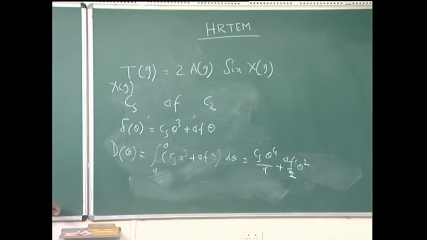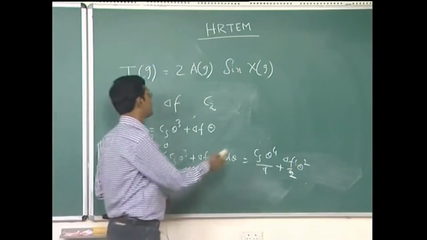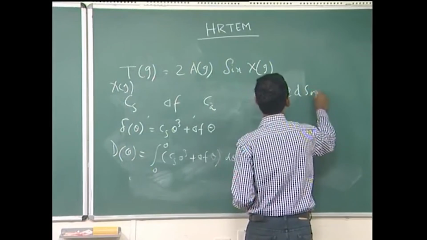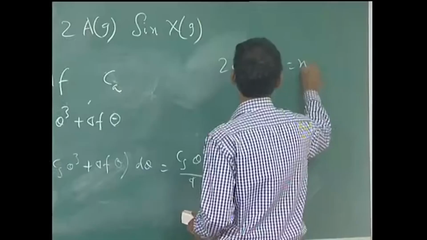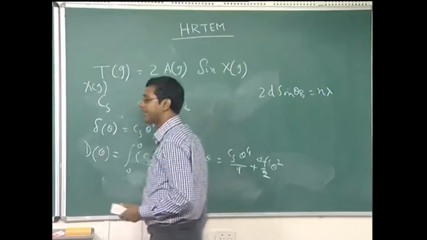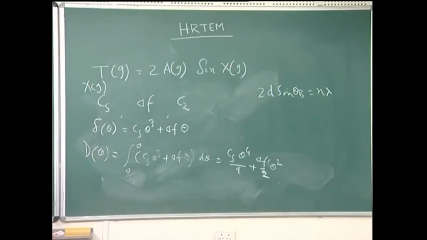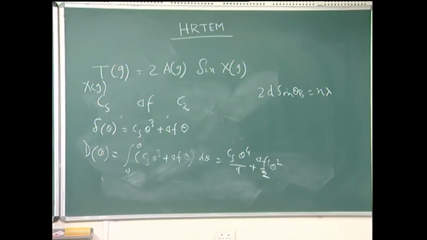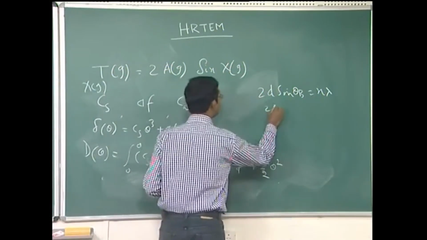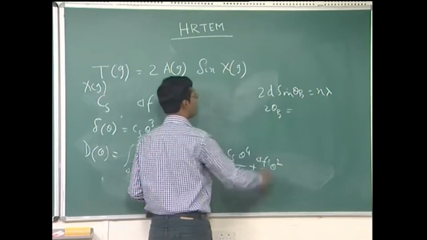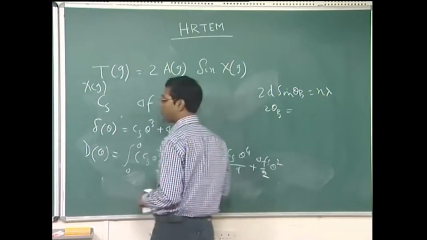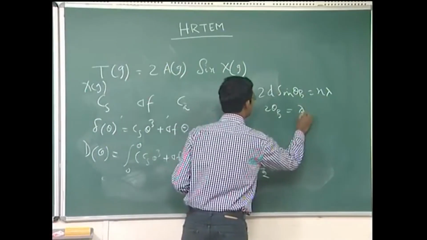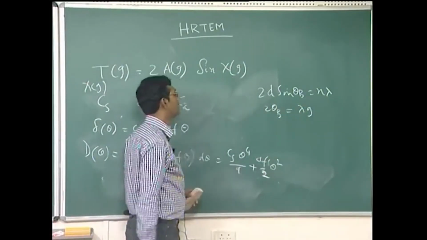Now, from Bragg's law we can very easily write 2d sin theta B equal to n lambda. So, for a normal microscope, we know theta is very small. If theta is very small, then sin theta is almost equal to theta, and we can write very simply theta equal to lambda into g, where g is basically 1 by 2d.